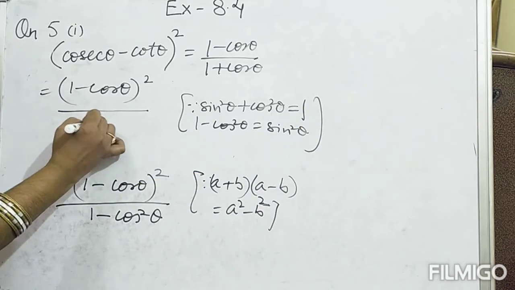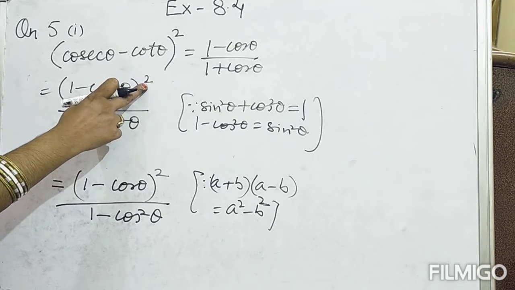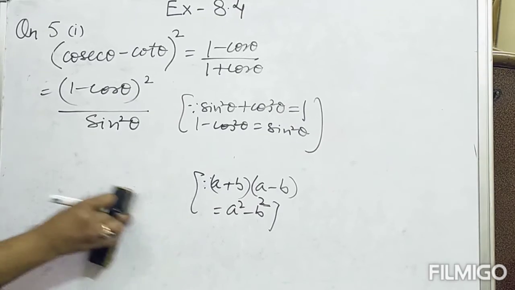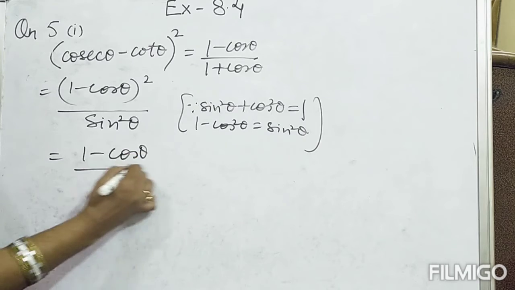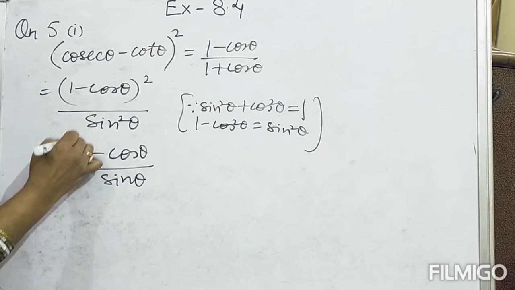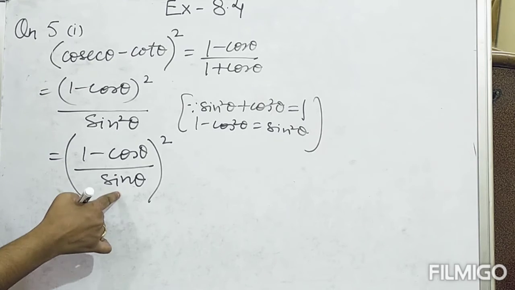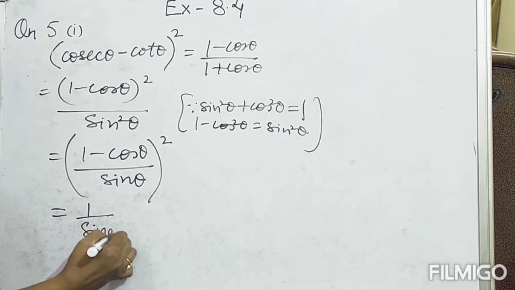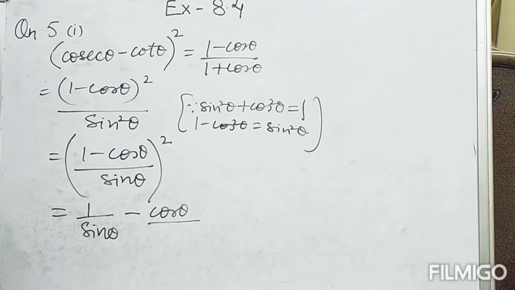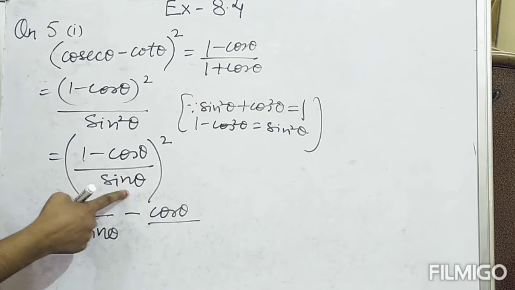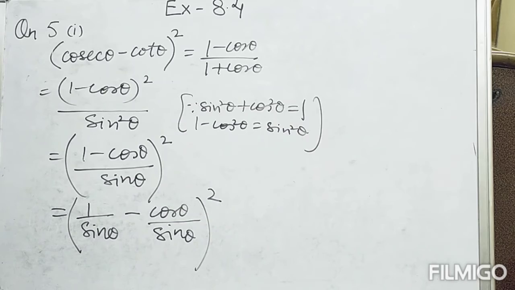So this will be equal to sine square theta. Now this is square and this is also square, I'm taking that in a single bracket and it will be like ((1 minus cos theta) upon sine theta) raised to the power 2. And now I will separate this sign with both of the values of numerator, 1 by sine and minus cos by sine, and this all is in square, right?